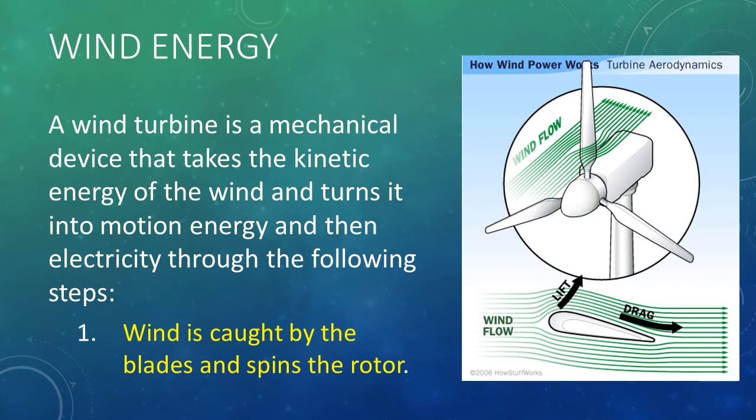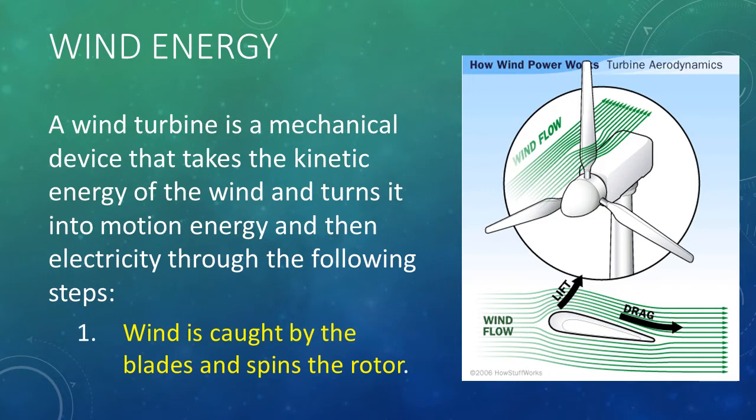Right? Wind is flowing over the blades of the turbine, causing lift and drag. This is just like the turbine we discussed in class, where the wind, or the steam as the example was before, causes pressure on the blades, causing them to move. So keep that in mind as we go forward here.